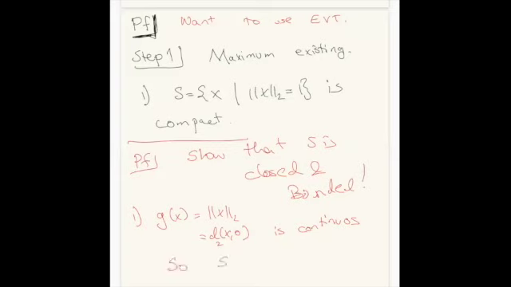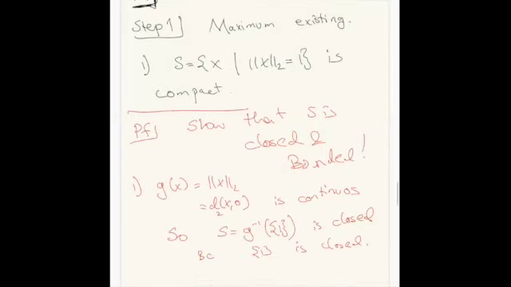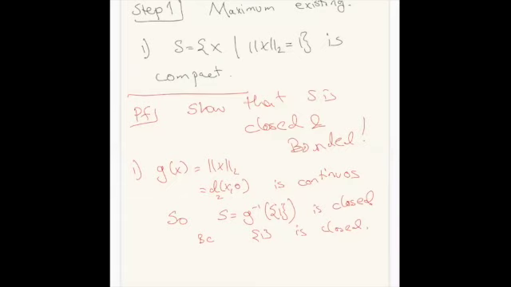So S, which is the pre-image of the singleton 1, is also closed, because the singleton 1 is closed. A singleton is always closed, by theorem. We had a theorem to this effect. If you use this fact, say in an exam, you should quote the theorem that you used.